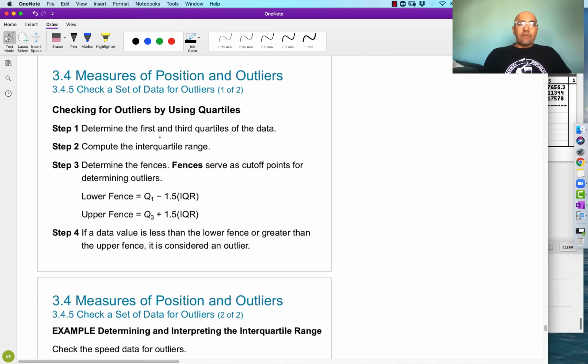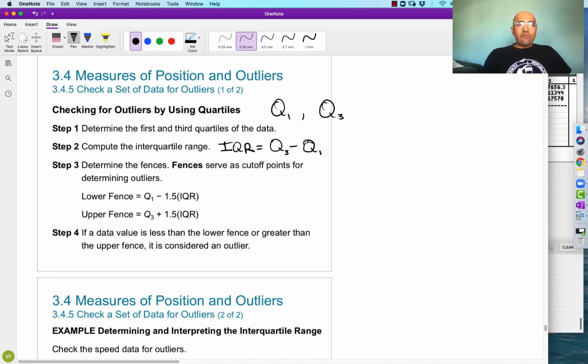Step one, we determine the first and the third quartiles of the data. Find Q sub 1 and find Q sub 3. Step two, now that we have the first quartile and the third quartile, we find the interquartile range, IQR, which is equal to Q sub 3 minus Q sub 1.